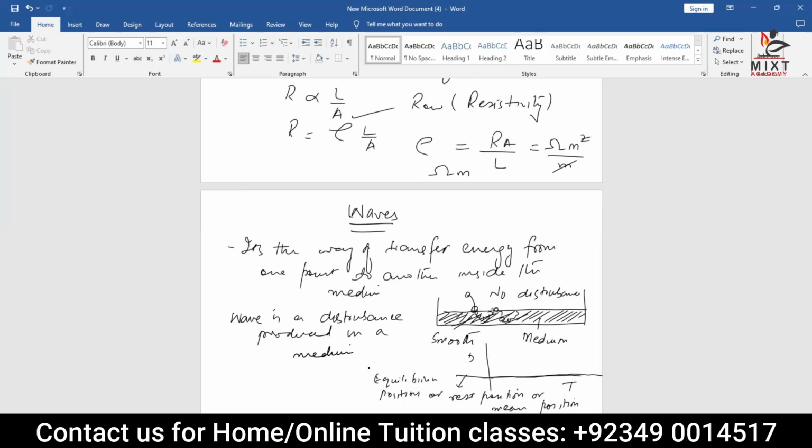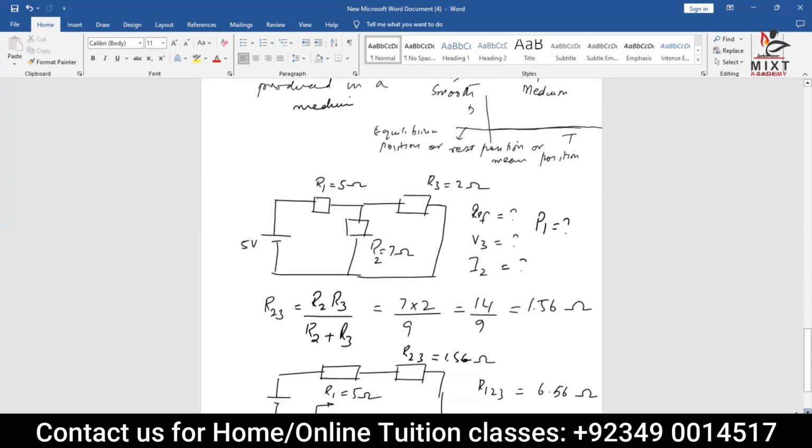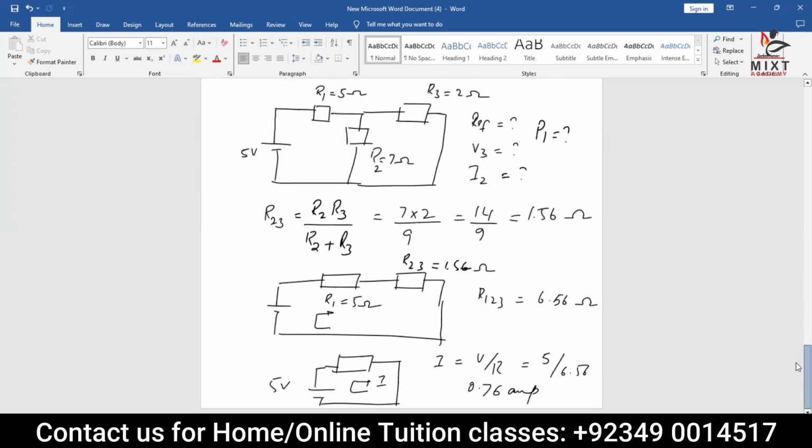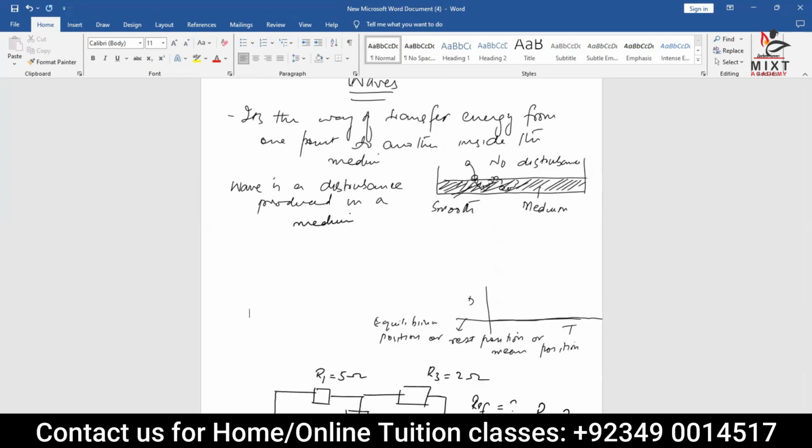Now, once we establish that these are the disturbance which is produced in a medium, one more thing we need to establish here is how many types of wave we have. Mechanical and electromagnetic. Progressive is something else; we will come to progressive waves.